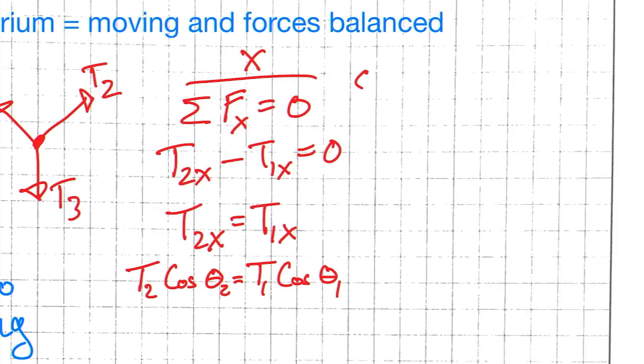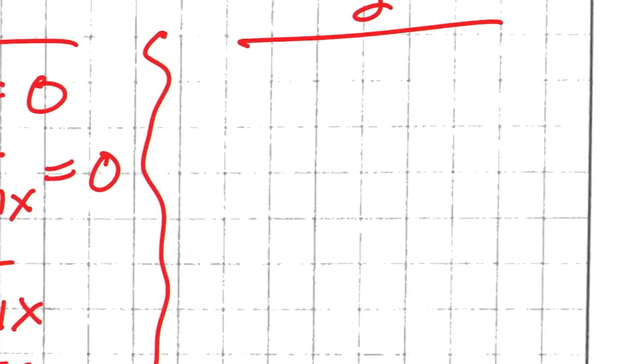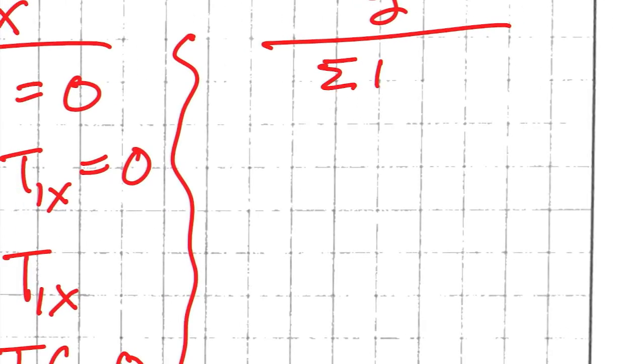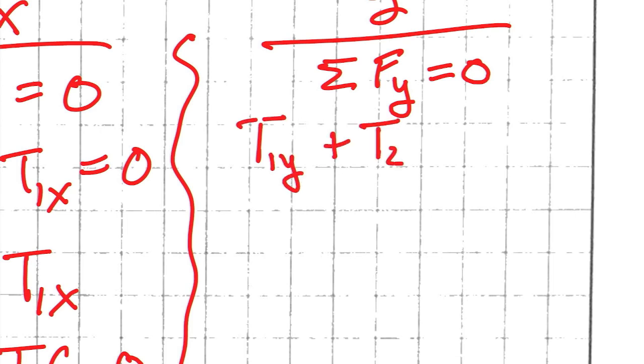Then in the y direction, we will do something very similar. The sum of the forces in the y direction equals 0. We have three forces in the y direction. We have T1 in the y direction, which is up, T2 in the y direction, which is up, and T3, which was down, so it's going to be negative.